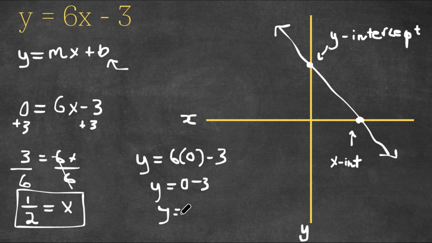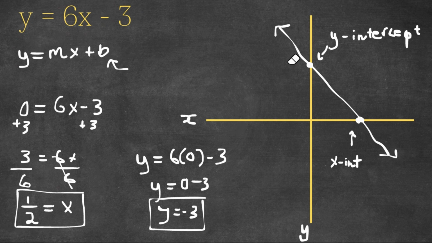So y is equal to negative 3, and this is our y-intercept. And instead of having to plug in 0 for x, we already know that if an equation is in slope-intercept form, y is equal to mx plus b, the value of b is our y-intercept. And as you can see here, we have negative 3 right here for our y-intercept.